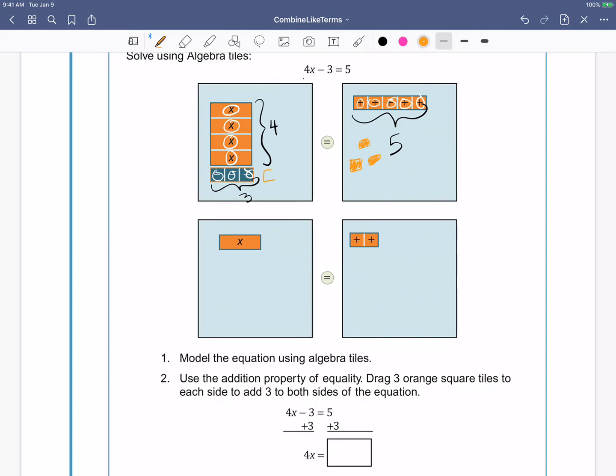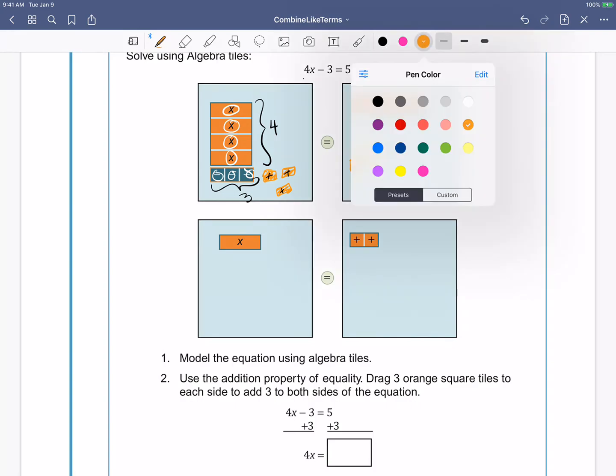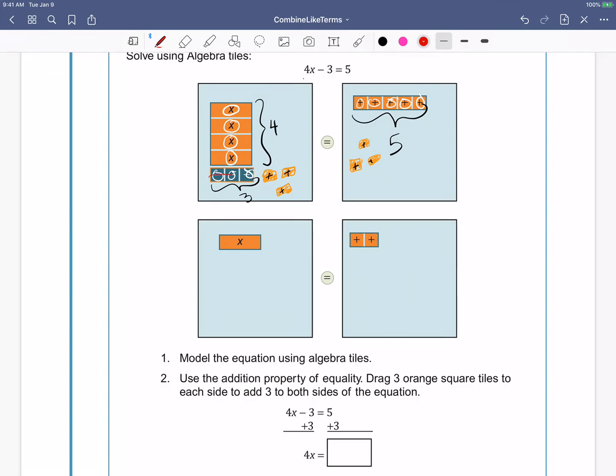And 3 orange blocks over here. And I'm going to put that plus sign so I know that they're positives. Right? And that's going to actually cancel out these over here with these over here.